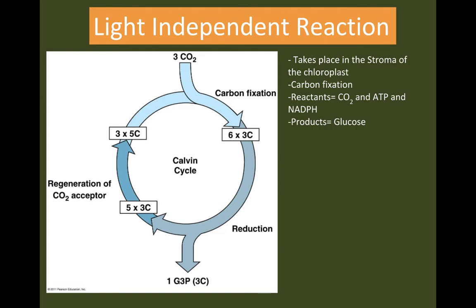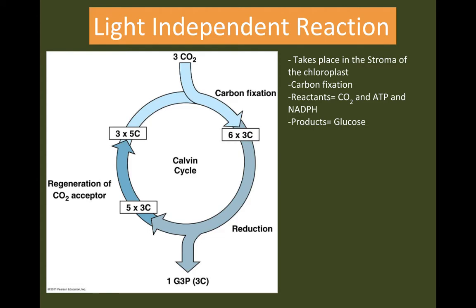There are technically 3 stages of the Calvin cycle, carbon fixation, reduction, and regeneration. I don't need you to know that. What I need you to know is that in this cycle you take in CO2 gas, you add an electron, you add some energy, and you get this sugar molecule.